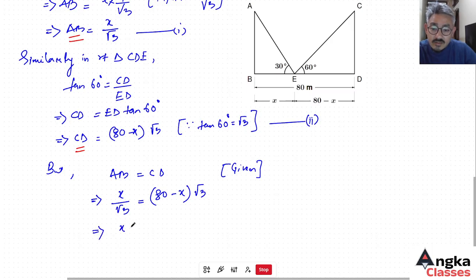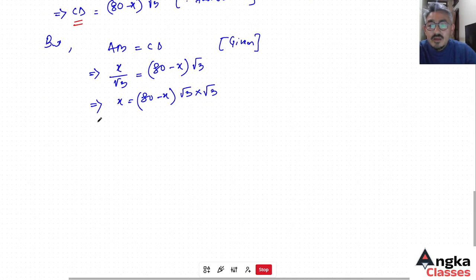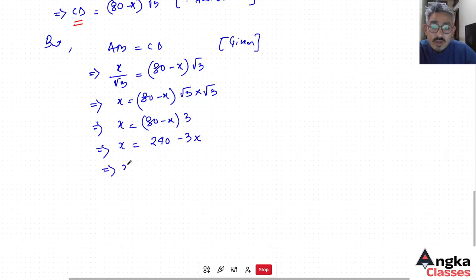And so X is equal to 80 minus X root 3 into root 3. Root 3 into root 3 is 3. So we have X is equal to 80 into 3, which is 240 minus 3X. So we have X plus 3X.